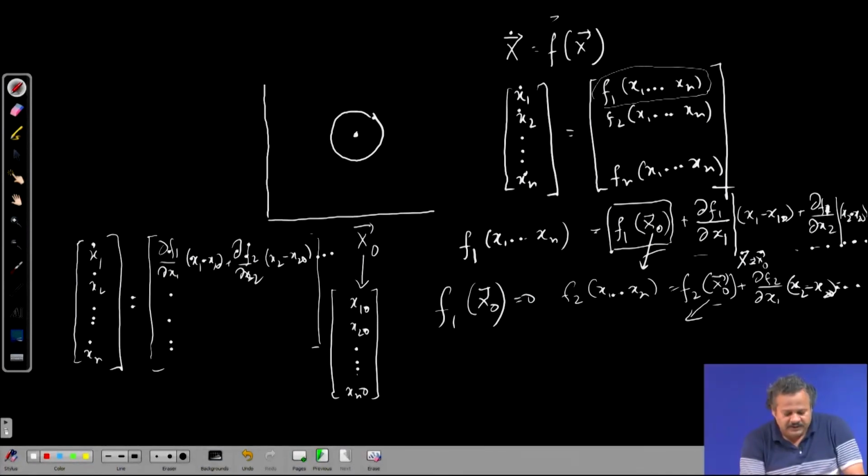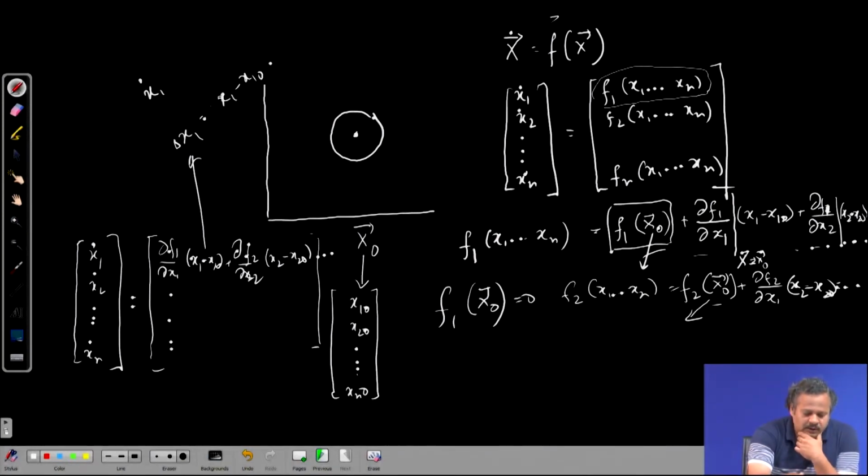Now, if we substitute x as the change, delta x, let us say x1 is x1 minus x1 naught, then our x1 dot is also simply delta x1 dot. This is simply the coordinate of the equilibrium point along the x1 axis.